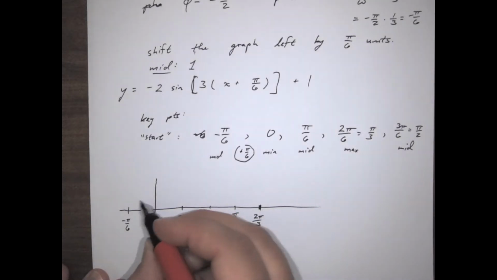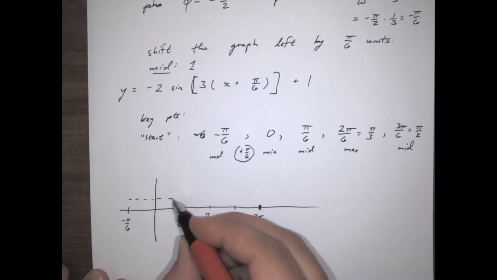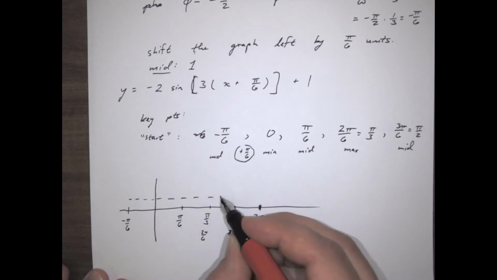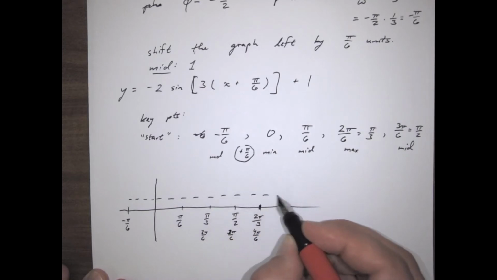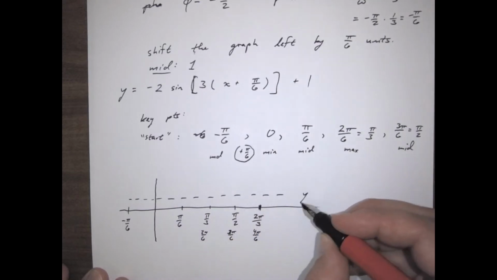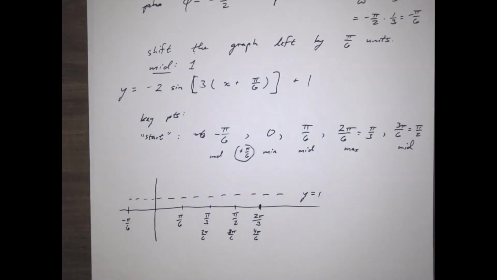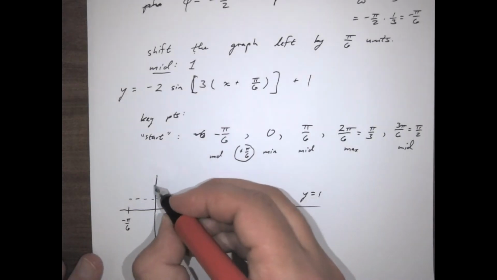Alright, other stuff that we need to know. So there's a midline at y equals 1. We will often graph at least 2 periods, but basically once you've got 1 period, you've got the whole story. That's the whole point of periodic functions.